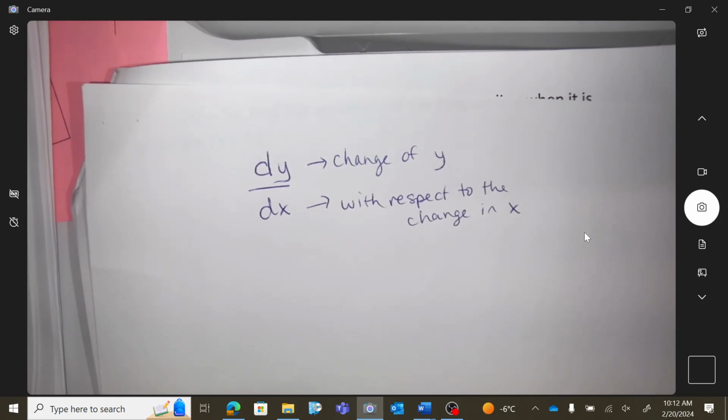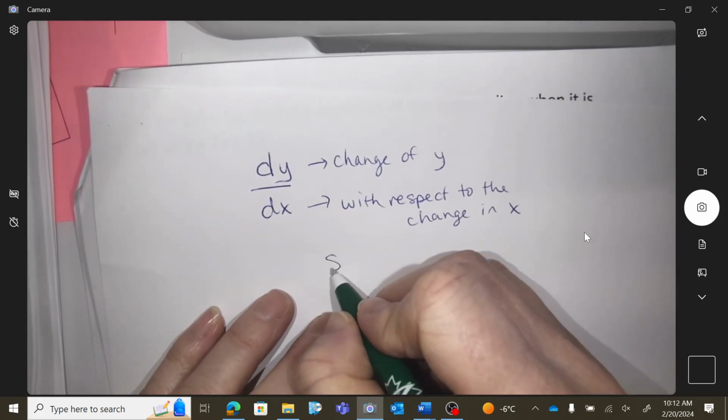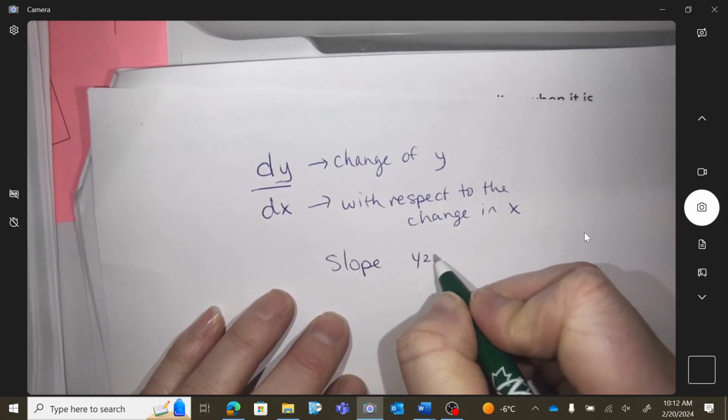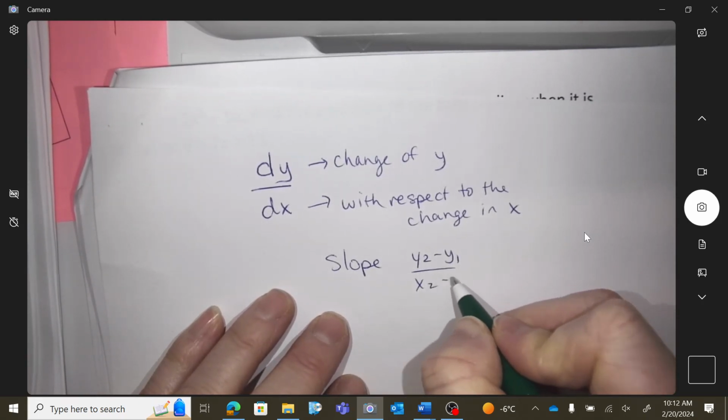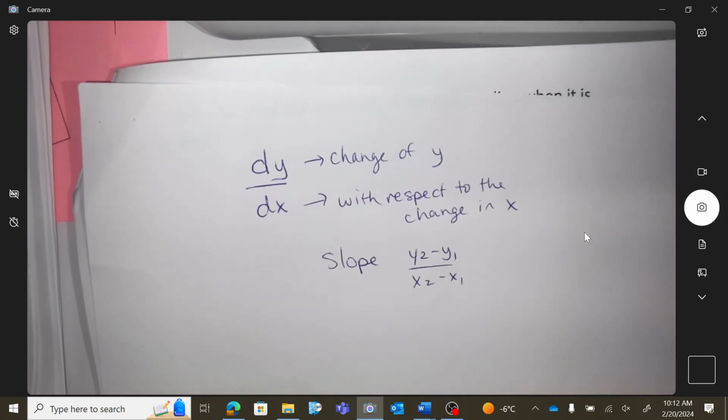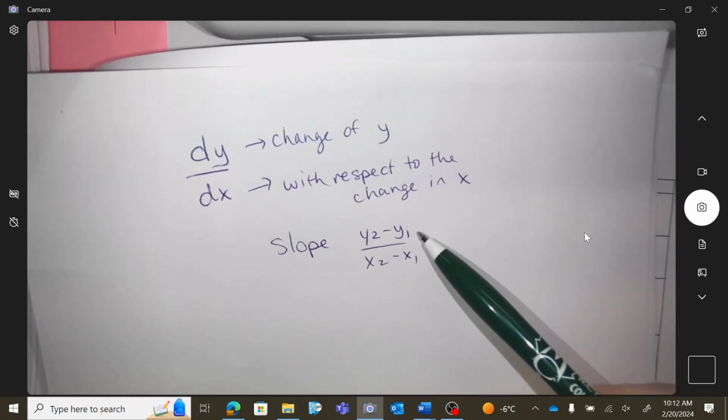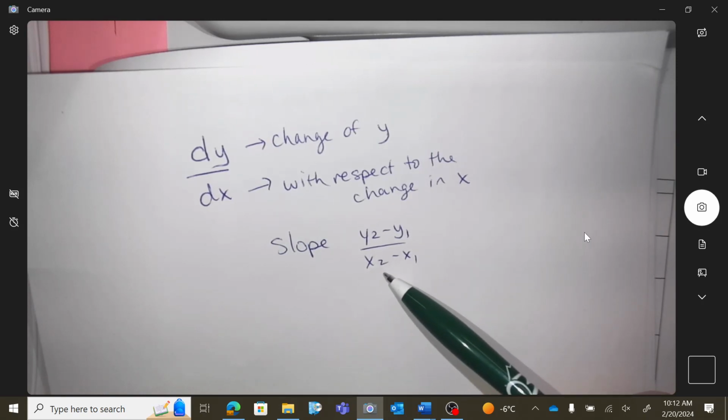Yeah. So what do you think about when you think about slope? What is slope doing? This is talking about the change of the heights over the change of the x. That's exactly what it's doing. Does that make sense?